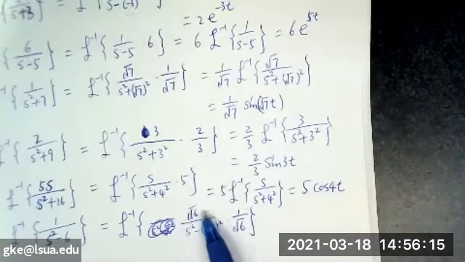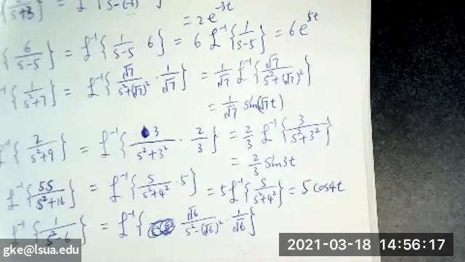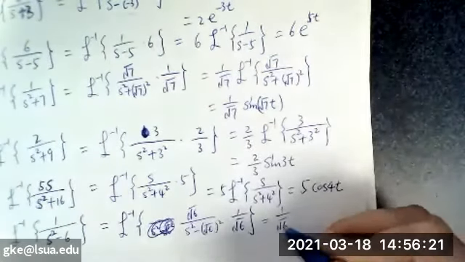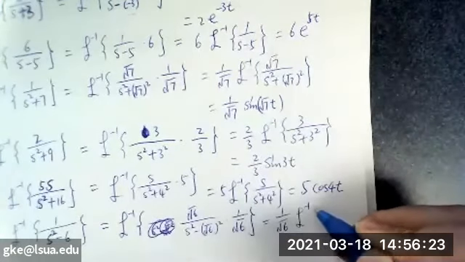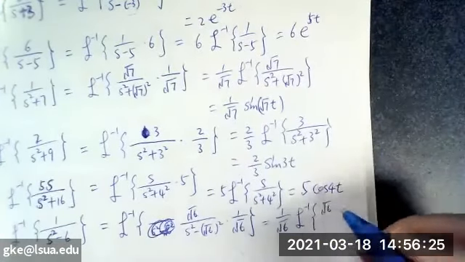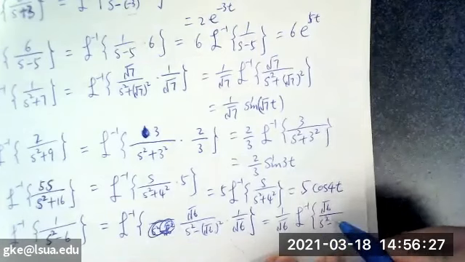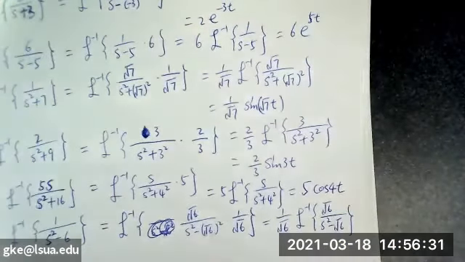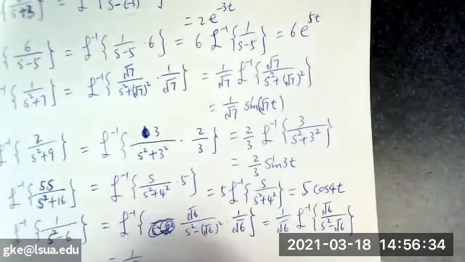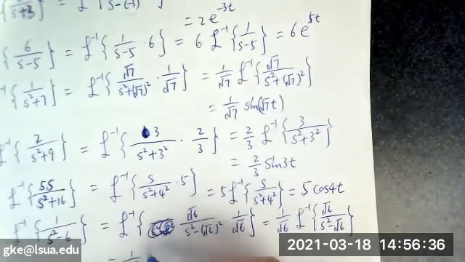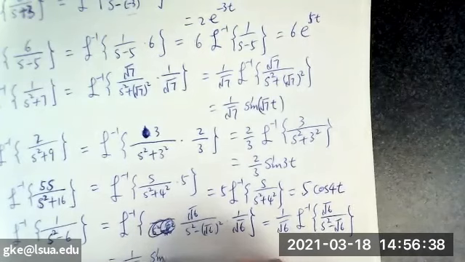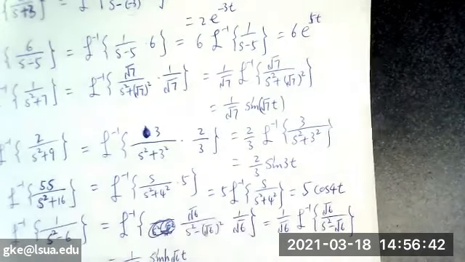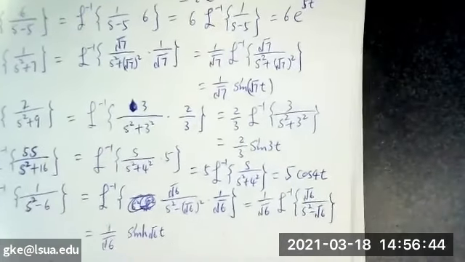You put the square root of 6, then divided by square root of 6. And you're gonna get 1 over square root of 6 sinh square root of 6t.